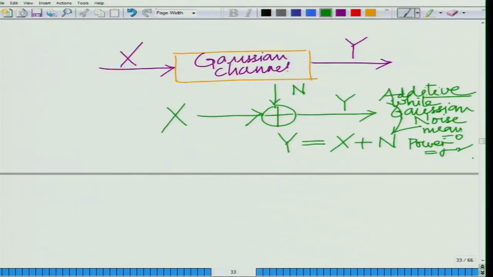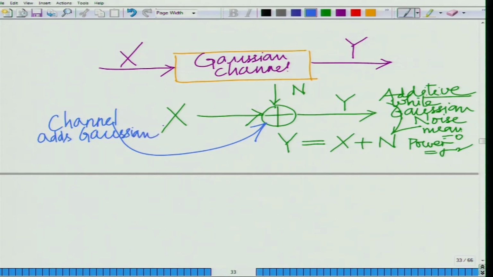So basically the channel adds white Gaussian noise.